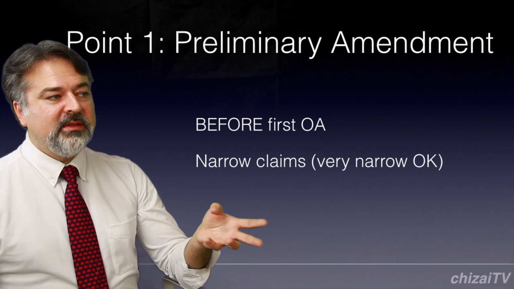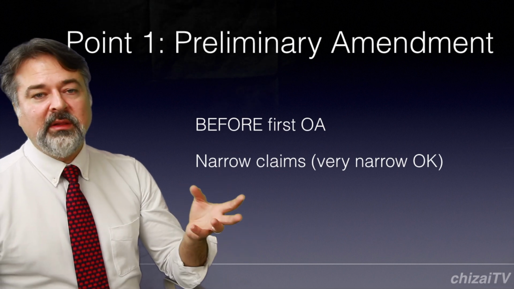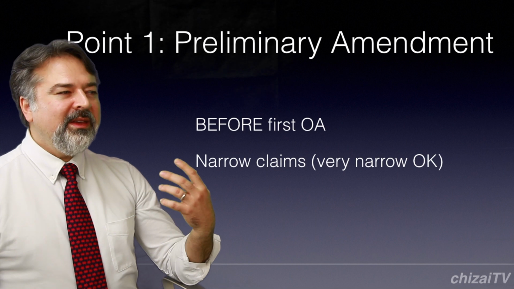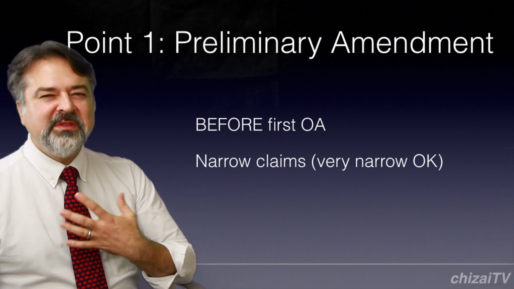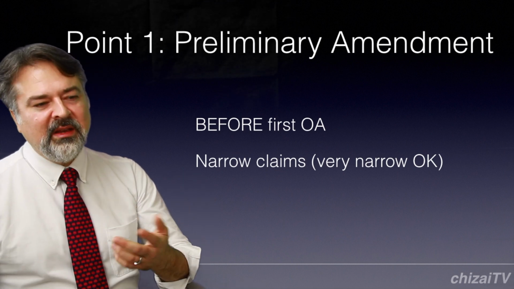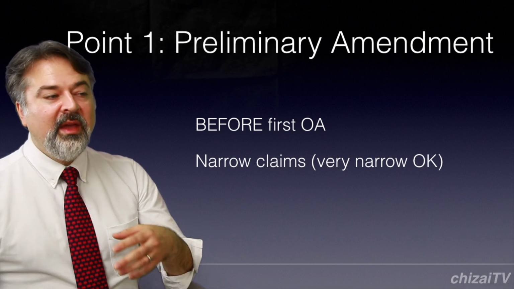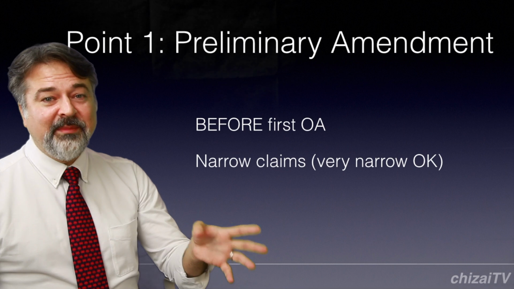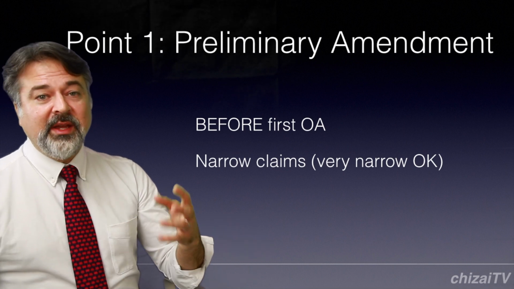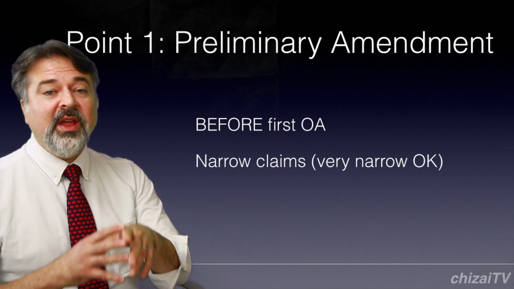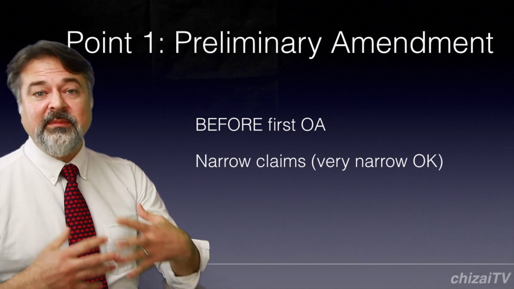The goal is to get some allowable claim. Many times people tell me that the claim is too narrow. That's okay. Just get something allowed, and later we can discuss with the examiner and broaden that claim to a claim that we like.